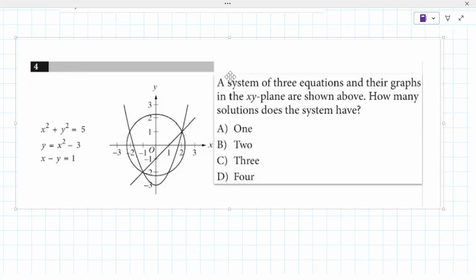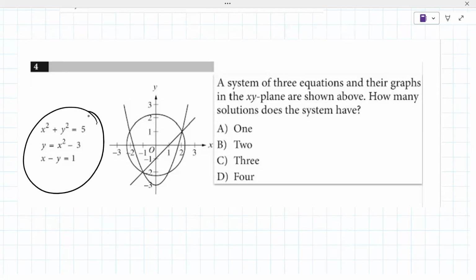So this is really testing your knowledge of what it means for it to be a solution graphically. It's okay if you don't know, but I can give you some background on this. If it crosses one of the axes, it's a solution. They were talking about the system being a solution to the system.